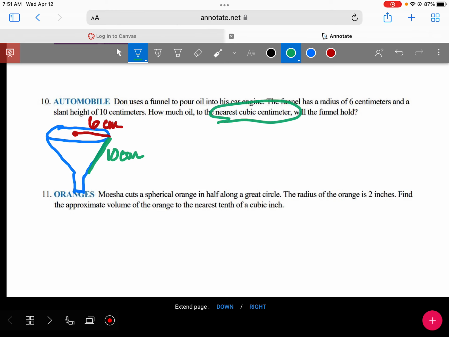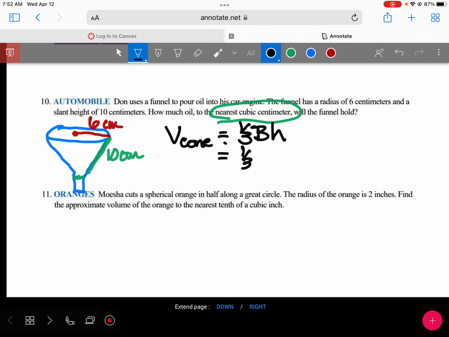Well, if we're looking at this general funnel shape, what shape is that? A cone. Yeah, there's a circle at the top, but we're talking about volume, so this is volume of a cone. Volume of a cone is 1/3 times the area of the base times the perpendicular height.